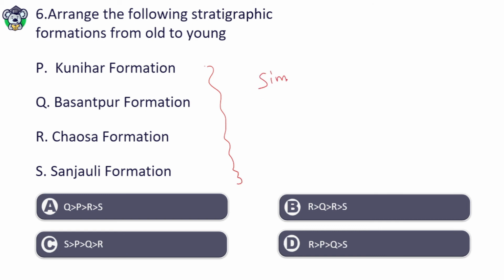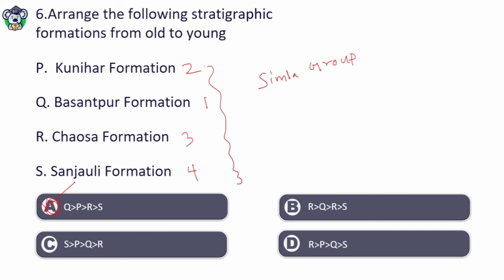The Shimla group succession starts from the Basantpur formation, Kunihar formation, then Chaosa formation, at last Sanjauli formation. QPRS, that is option A, that is correct.